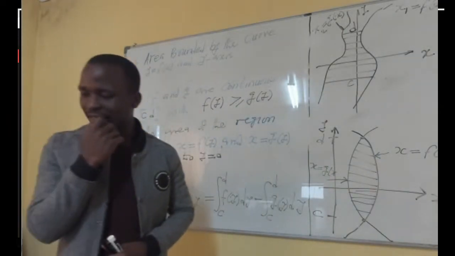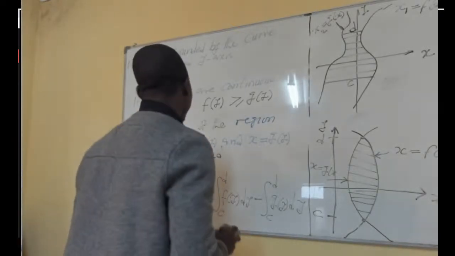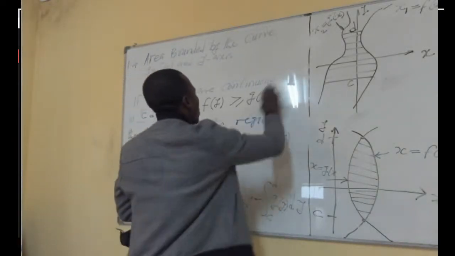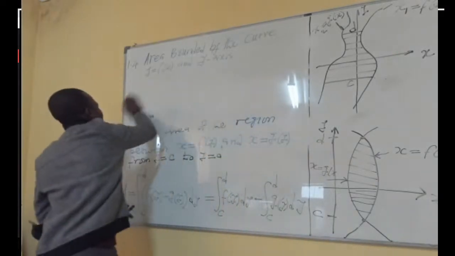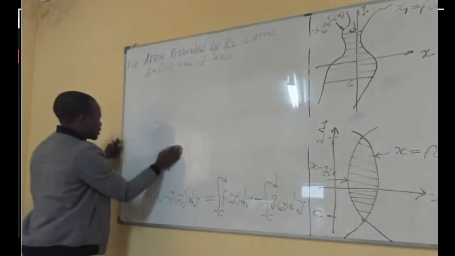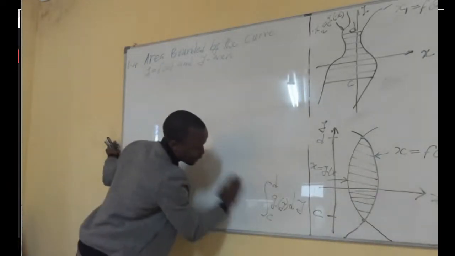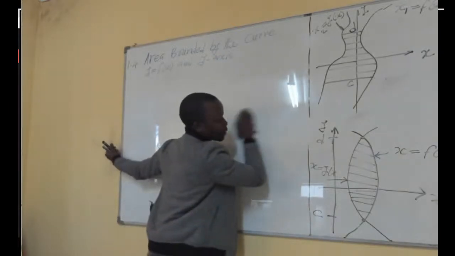Okay, I hope everyone is following with my explanation. No one is behind. So let's look at an example now that involves such a situation, such a case where you use the y values as your limit of integration.